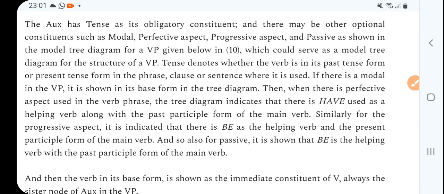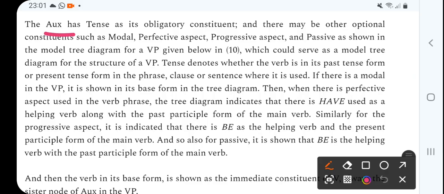The auxiliary has tense as its obligatory constituent. Means the auxiliary is the compulsory part of a verb phrase, and there may be other optional constituents such as modal, perfective aspect (had, has, have), progressive aspect (the -ing form, teaching, creating), and passive (done or something this way).